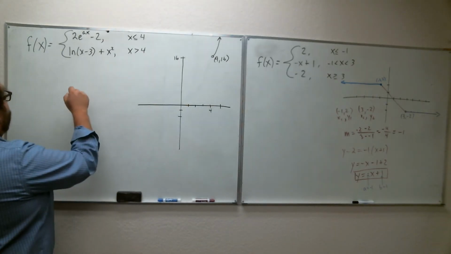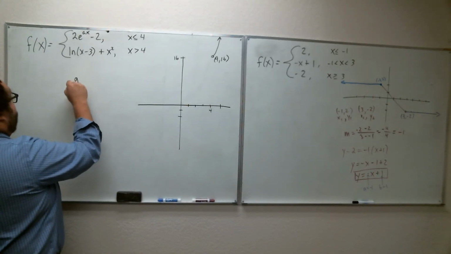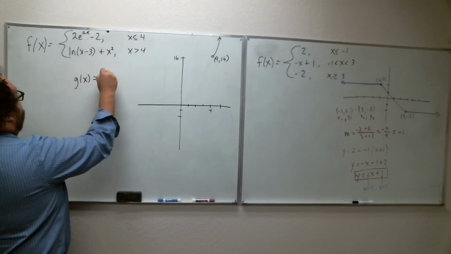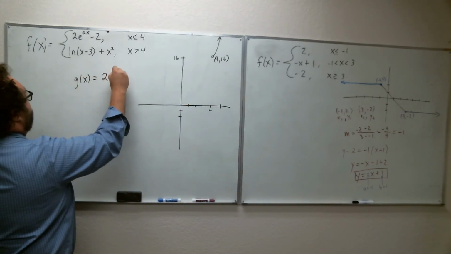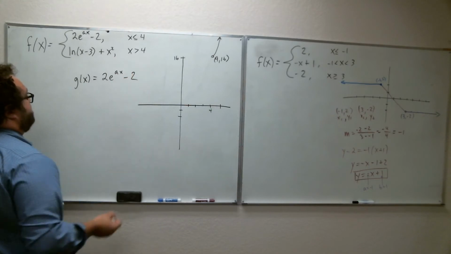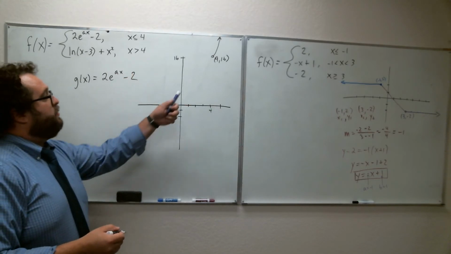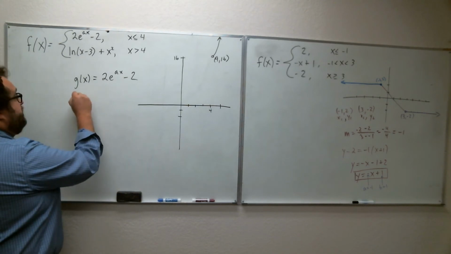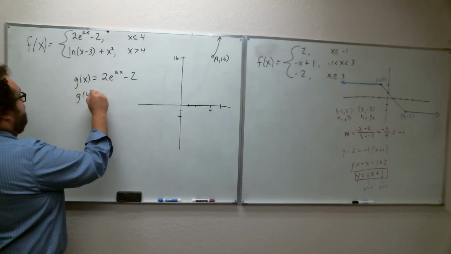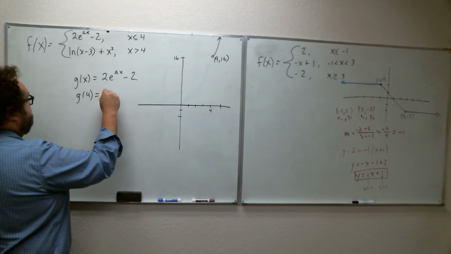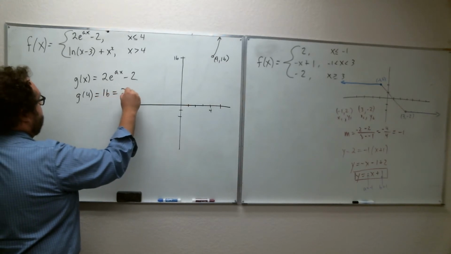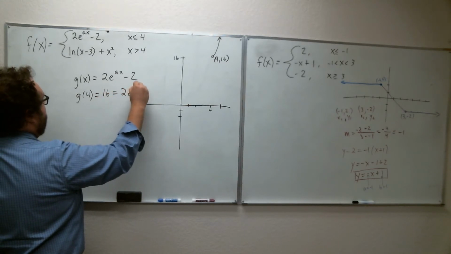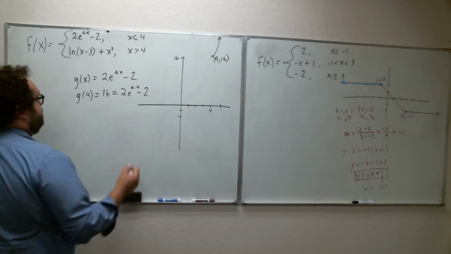So let's for just a moment say g of x equals 2 times e to the ax power, minus 2. If we want this point to be on g, then we could say g of 4 equals 16, which equals 2 times e to the a times 4, minus 2.